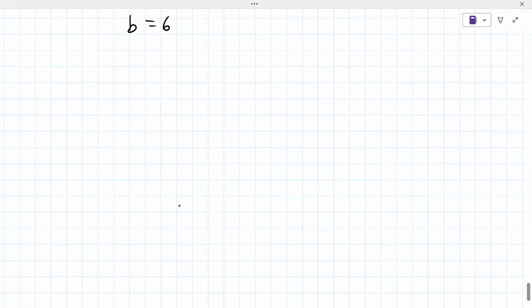All right, so here's one for you to try. 8 equals 3 times 4 plus b.